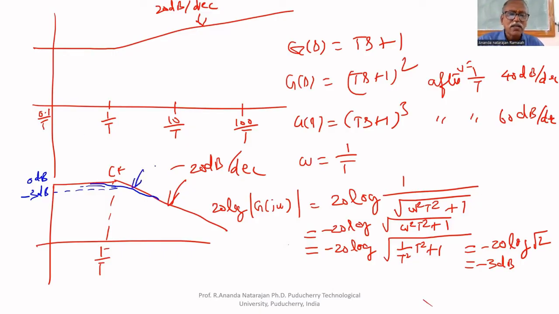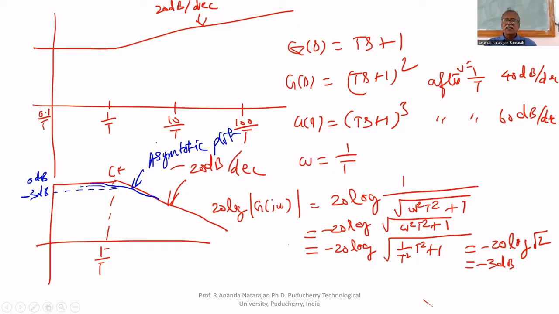This plot is called asymptotic plot, because it is tangent at higher and lower values of omega to the actual plot. That's why Bode plot is an asymptotic plot. It has an error of minus 3 dB at corner frequency.